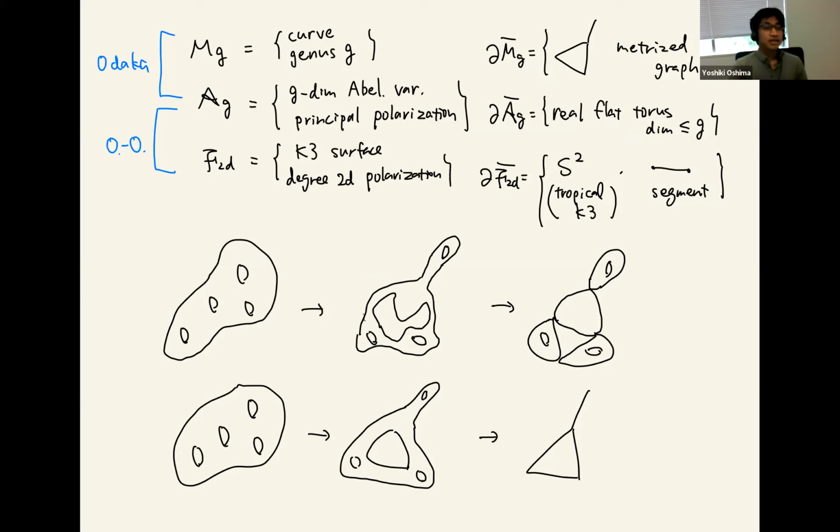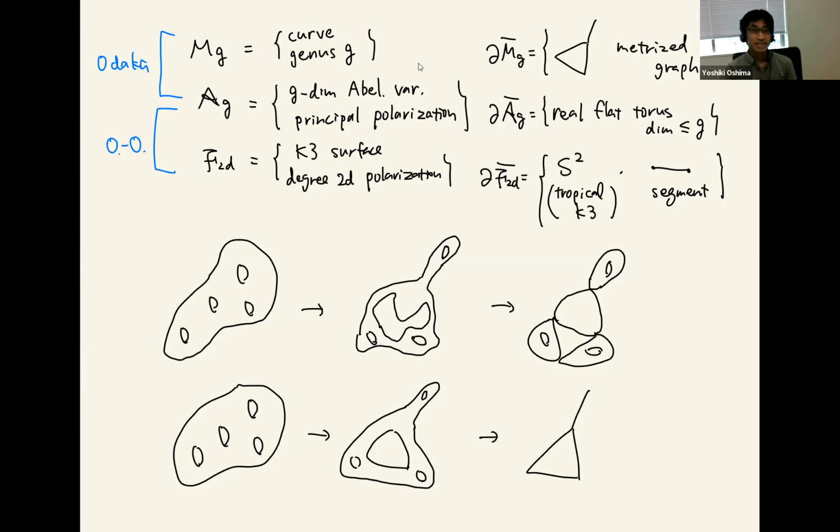Okay. So there are some cases. Odaka first considered the problem for the curve case, curves of genus g. The moduli space is written as Mg.